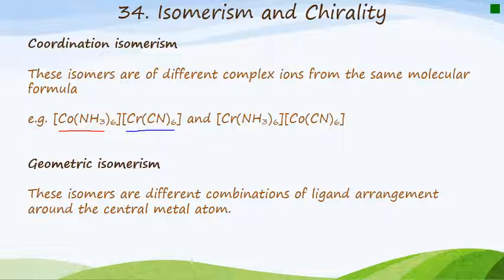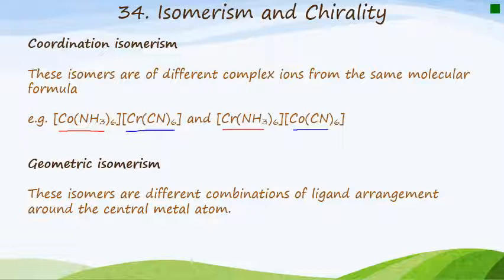So in other words, we get rearrangement so that here the amine ligands, the ammonia ligands, were originally bound to cobalt, okay, and the cyano ligands were originally bound to the chromium. And what happens is that we get a swap taking place, such that now we have the amine bound to the chromium and the cyano ligands now bound to the cobalt. This is known as coordination isomerism.